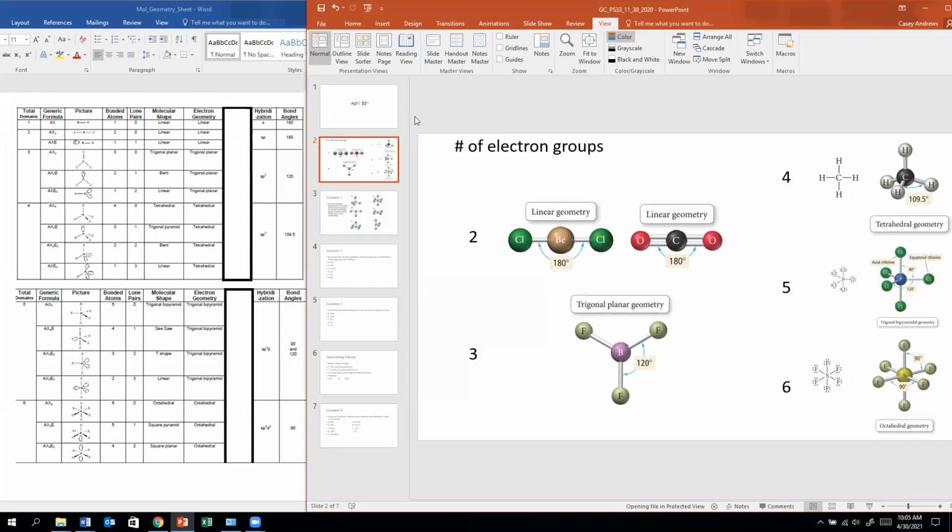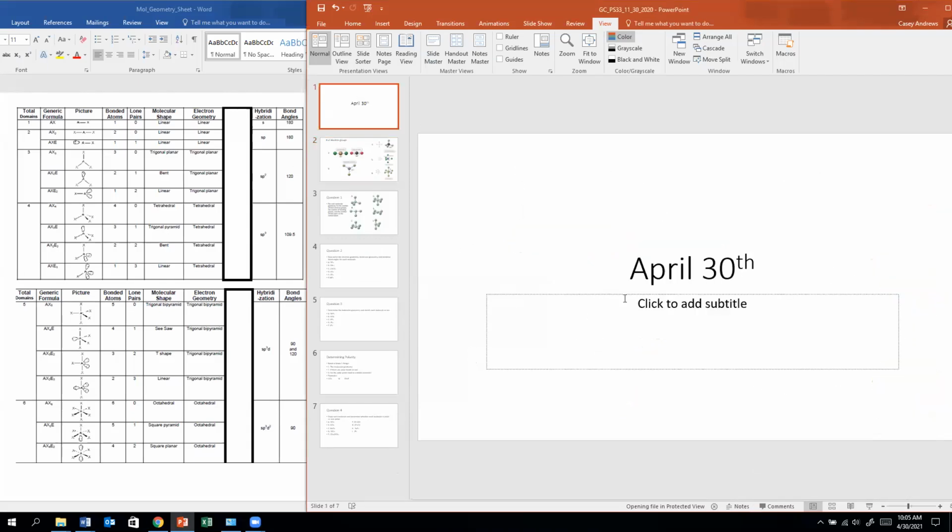So right now, you should be able to see both my PowerPoint and my molecular geometry sheet on the left. Like I said, we're really going to learn how to use this sheet on the left to determine the molecular geometry of molecules, all right?